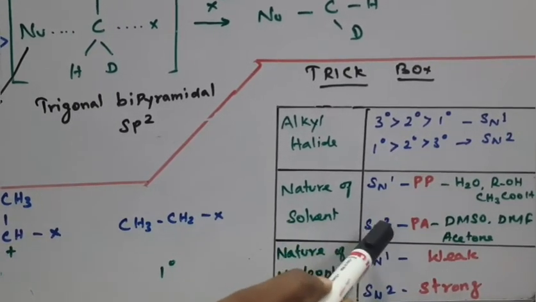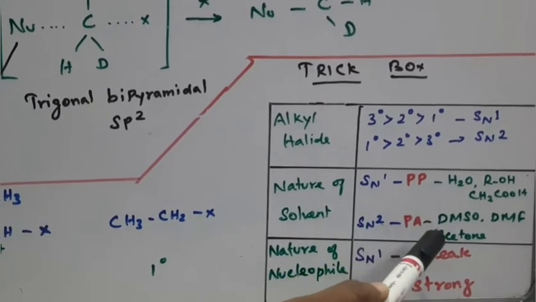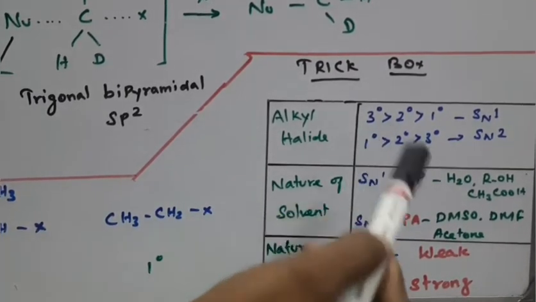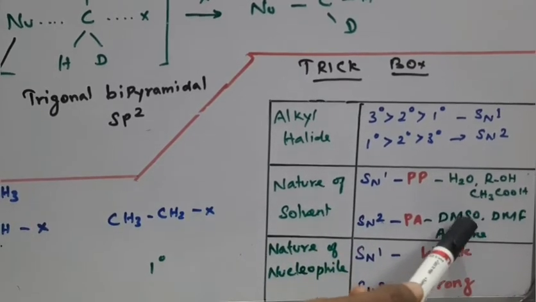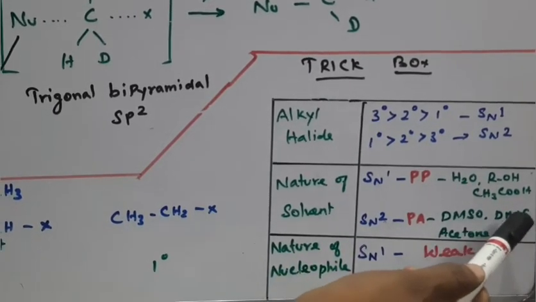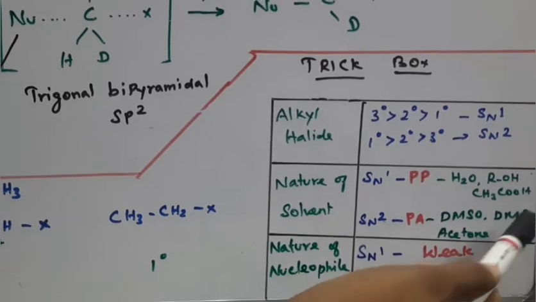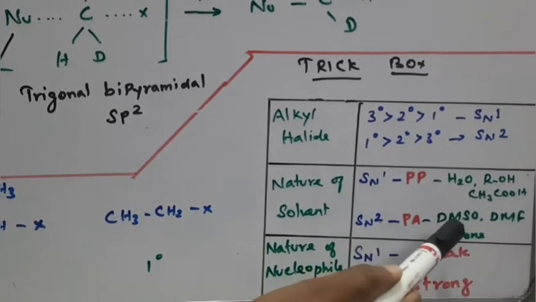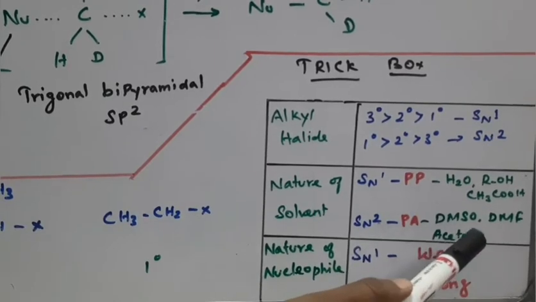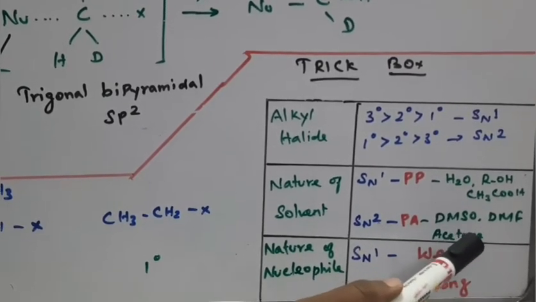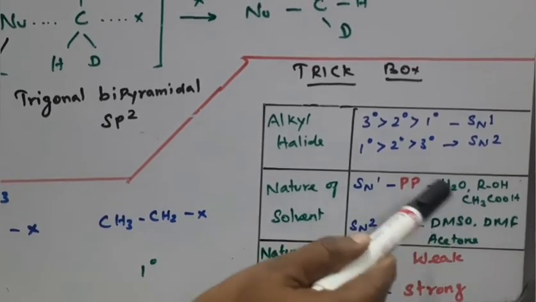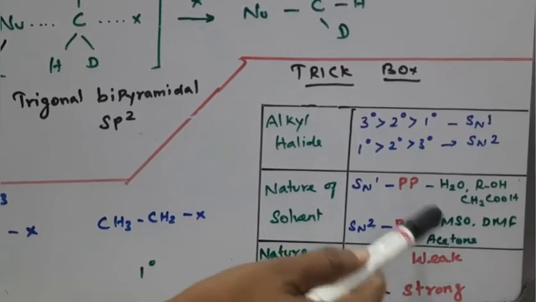SN2 means polar aprotic solvents, like DMSO, DMF (dimethylformamide) and acetone. Acetone is a polar aprotic solvent for SN2. If acetone is mixed with water, it undergoes SN1 as a polar protic solvent. Keep that in mind.